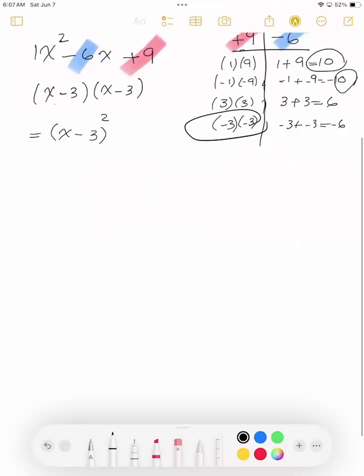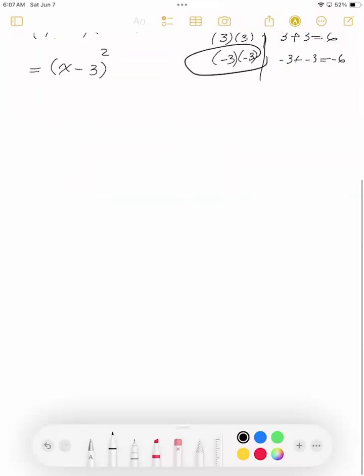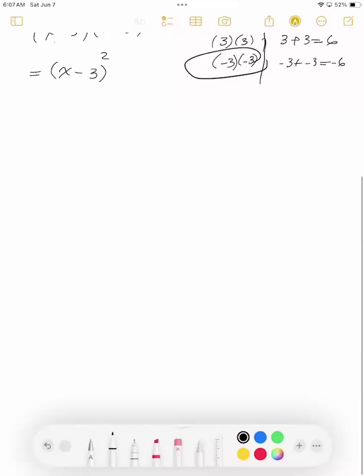Then we want to do another type of factoring. This time we want to look at polynomials that have two terms, and they're called the difference of two squares. So let's say I have a squared minus 9. I only have two terms, and I want to factor this polynomial.